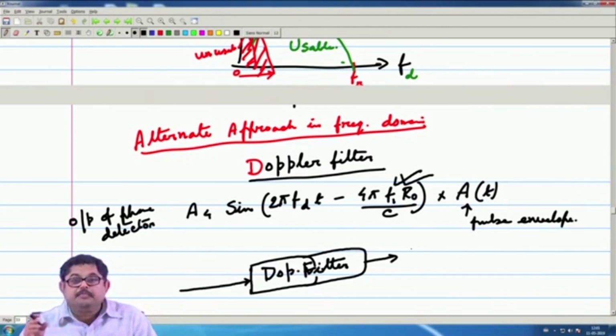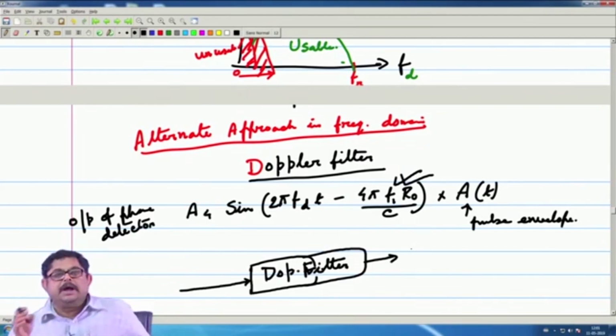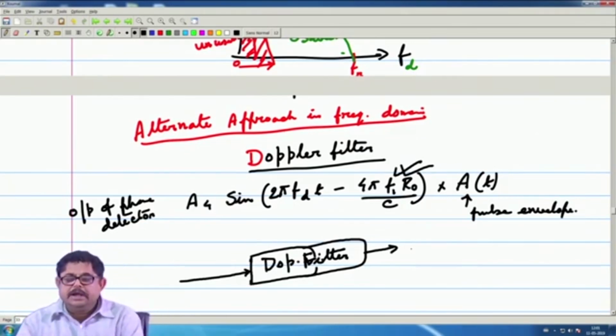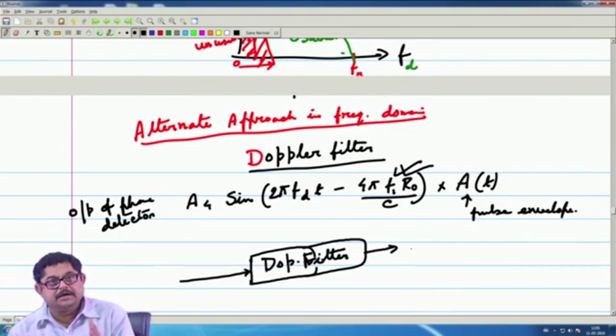So, people then came up with an idea that we will filter later, because filtering definitely has to do with a narrowband thing. Instead of filtering the phase detector output, first we will extract the range information, then it does not matter, because now everything is in this frequency.